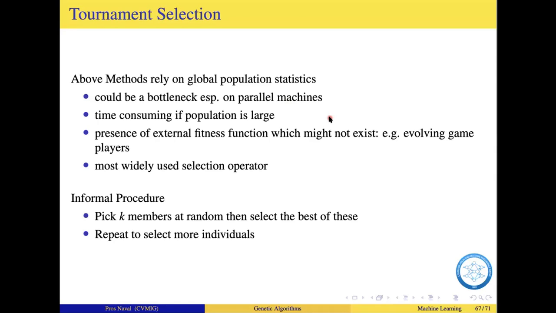Another selection mechanism is tournament selection. All the methods described above rely on global population statistics, which could be a bottleneck, especially on parallel machines, and time-consuming if your population is large. An external fitness function might not even exist.